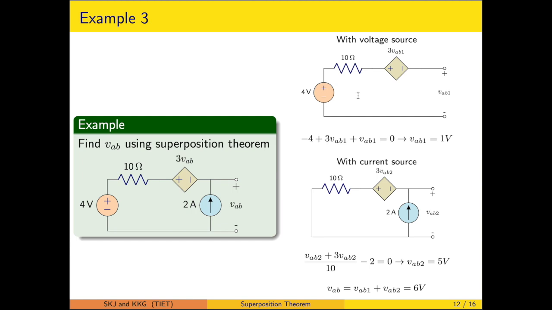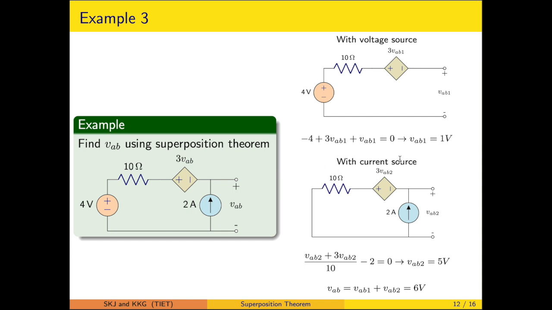So minus 4, that is a voltage rise, this is experiencing a voltage drop of 3 VAB1, there is a voltage drop of VAB1.